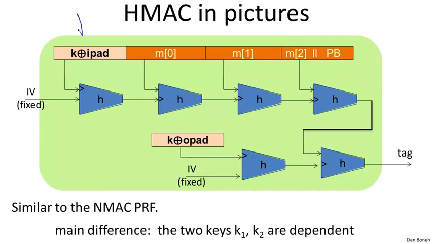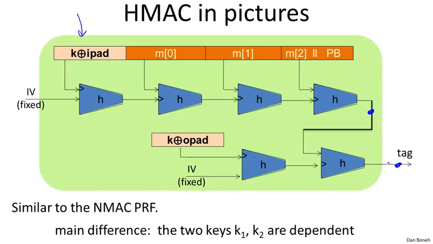And so you can see here are the two keys, k XOR inner pad, which is then fed into the Merkle-Damgard chain, and then the resulting output of this chain is fed into another Merkle-Damgard chain, and finally the final output is produced. Okay, so this is how HMAC works in pictures. And now I want to argue that we've already seen something very similar to this.